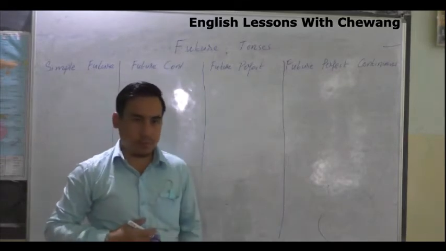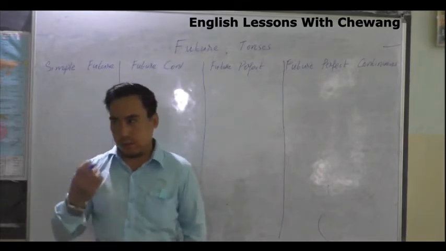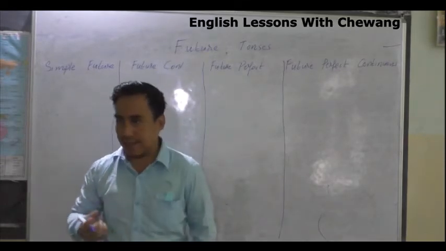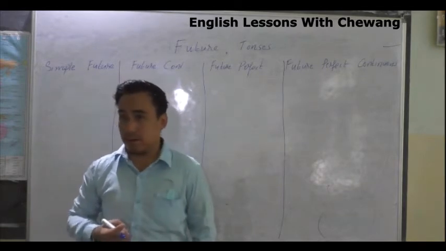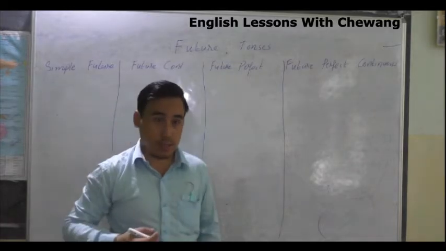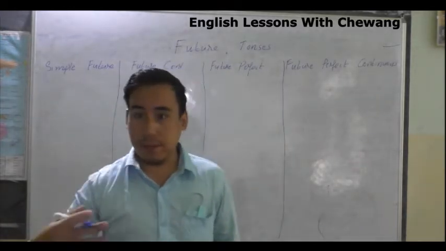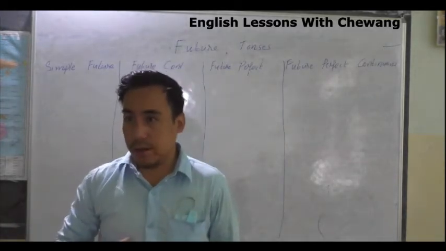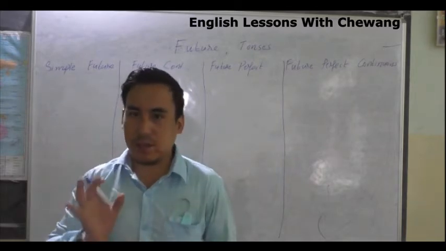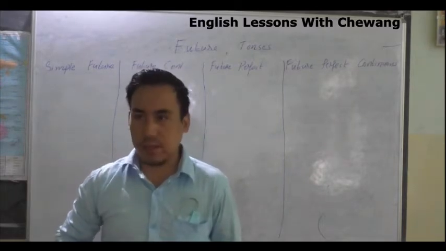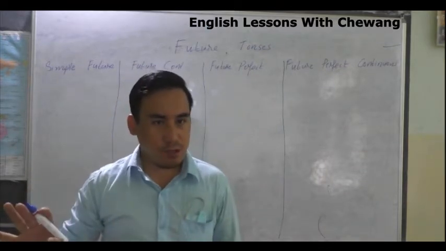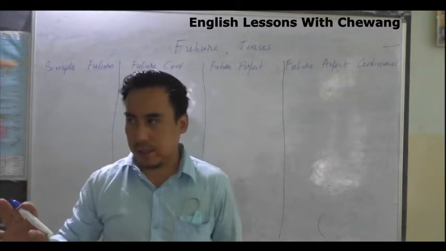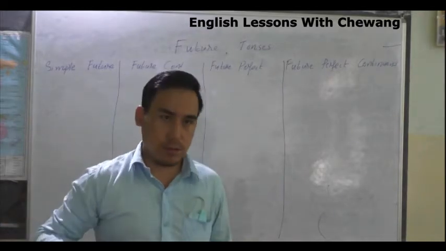For example, we use future tense when we talk about something or a situation which will happen in the future. Alright, but when something is really specific, we avoid future continuous tense and we use present continuous tense.